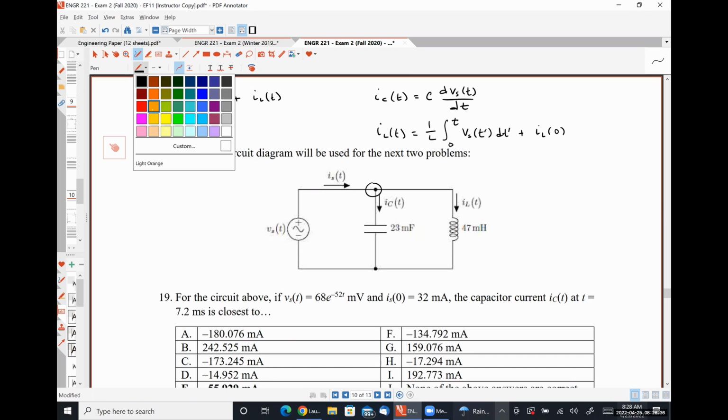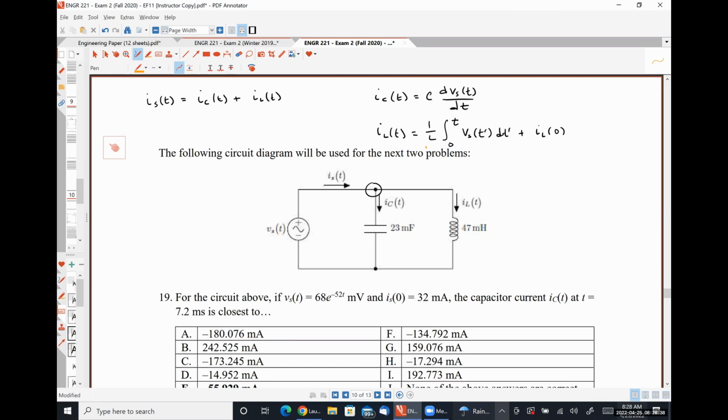Well, this part right here is just calculus that you can throw in your calculator, right? This part right here is the less obvious bit, okay?